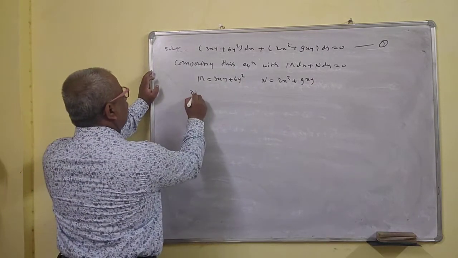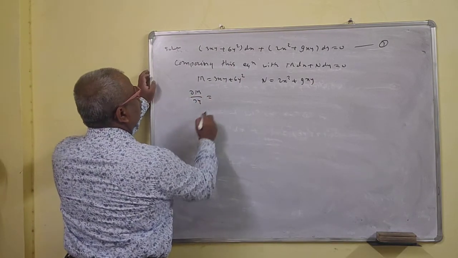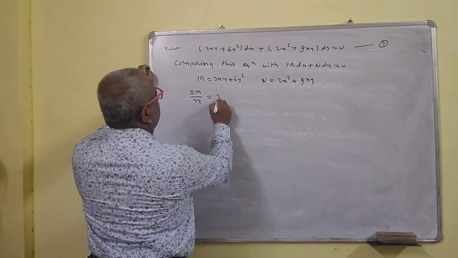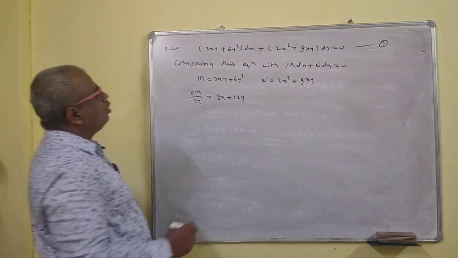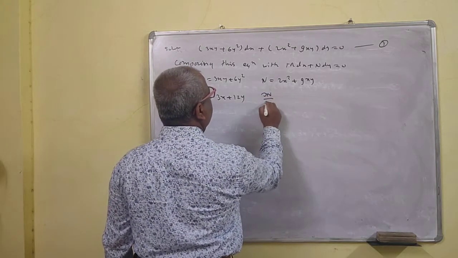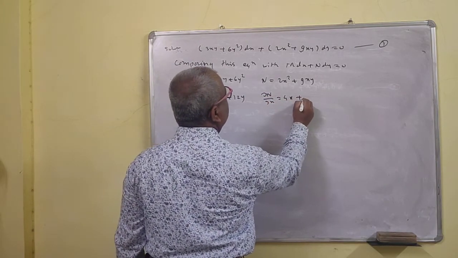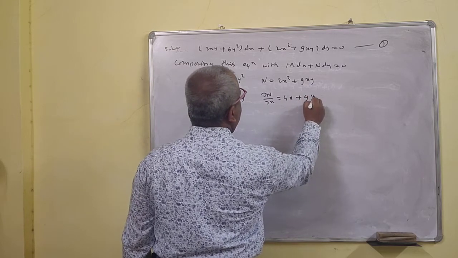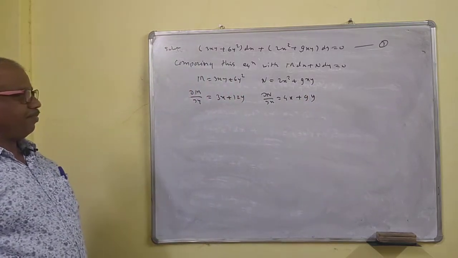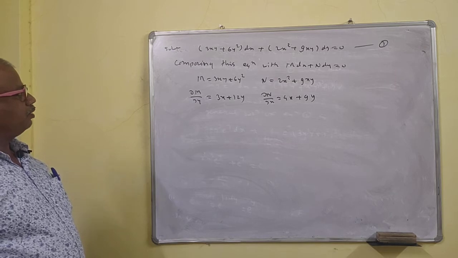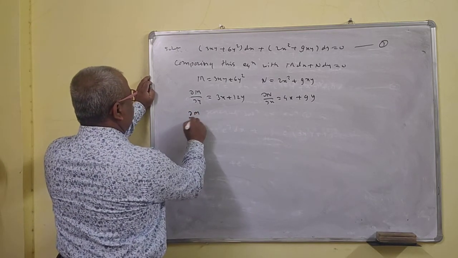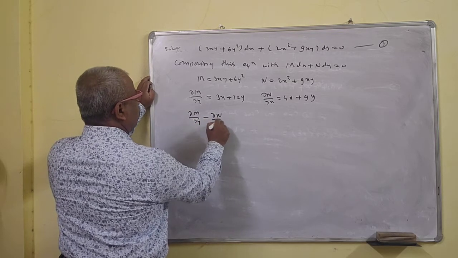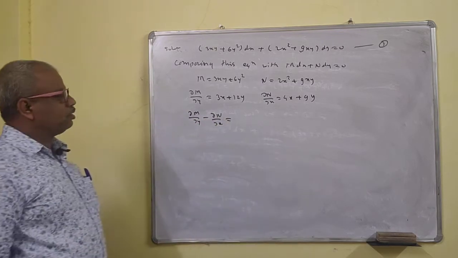So ∂m/∂y is what? 3x plus 12y, your ∂n/∂x is 4x plus 9y, okay. We'll subtract this one. So ∂m/∂y minus ∂n/∂x, okay.